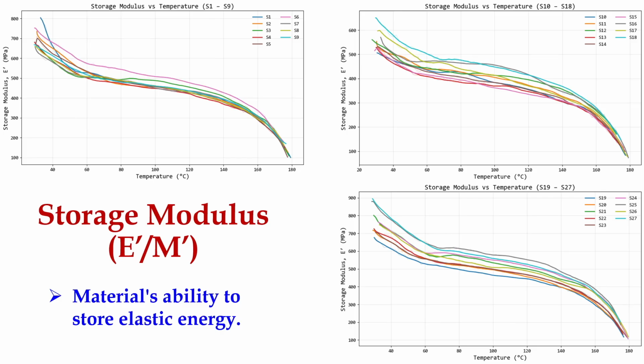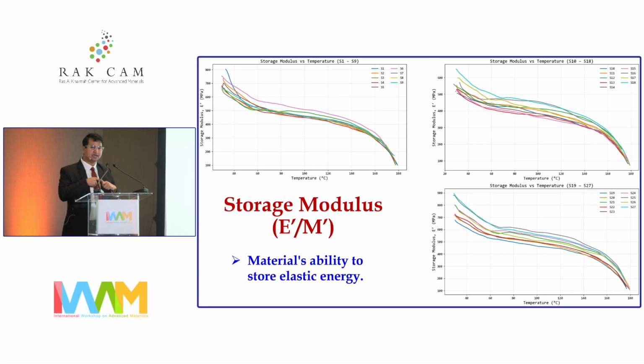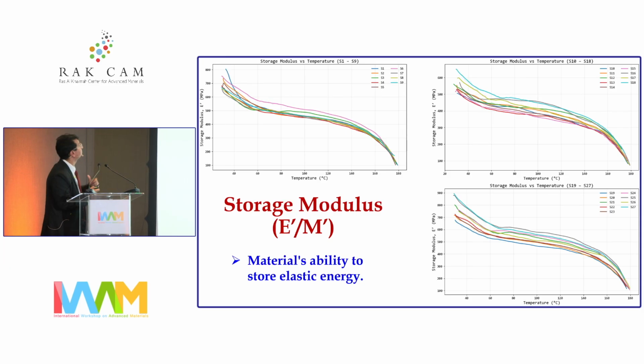We have no intent as to whether I want a higher or lower storage modulus. Whether the storage modulus is high or low, each value has its specific applications. So I printed 27 specimens with different infill 3D printing parameters. These are a few specimens which got higher modulus values, and these are the samples which got lower modulus values.